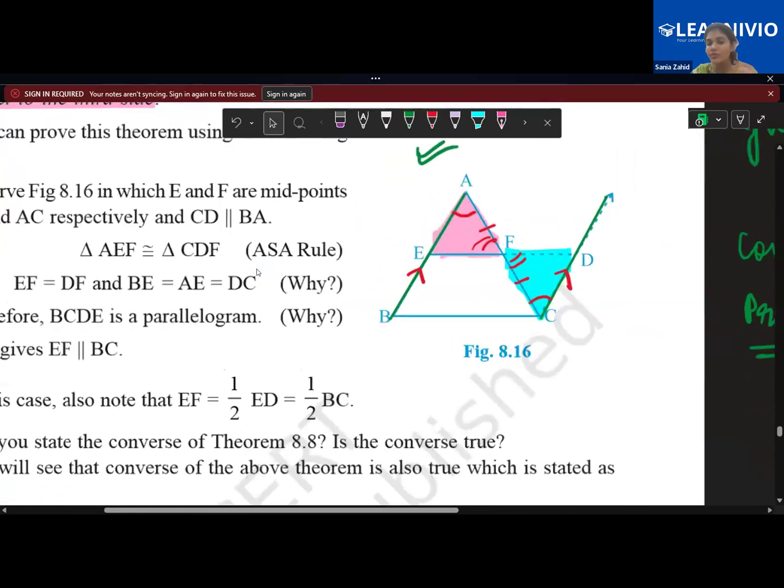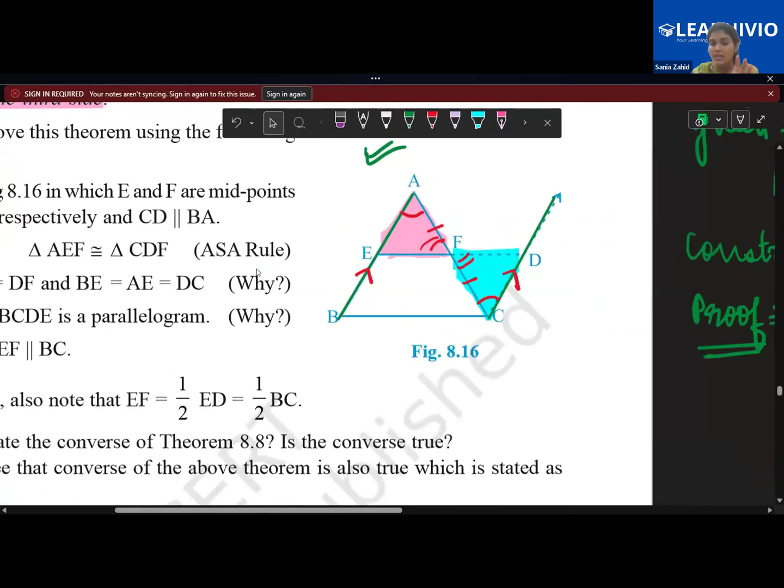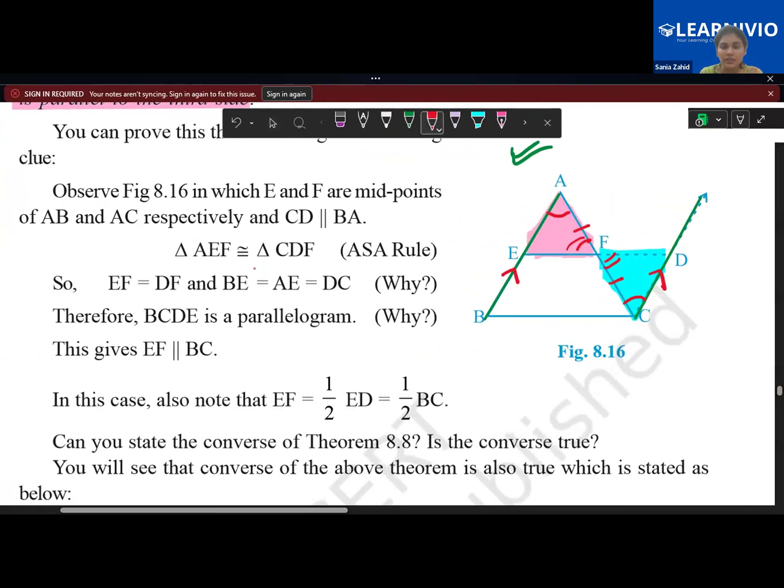Children, now if the following triangles are congruent, what can I say? I can very easily say, look at this statement, that EF is equal to DF. Where is the EF line? This line is equal to the DF line, is equal to this line. Let me erase. Wait.